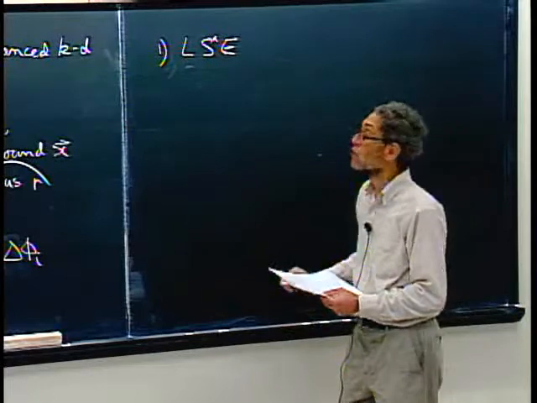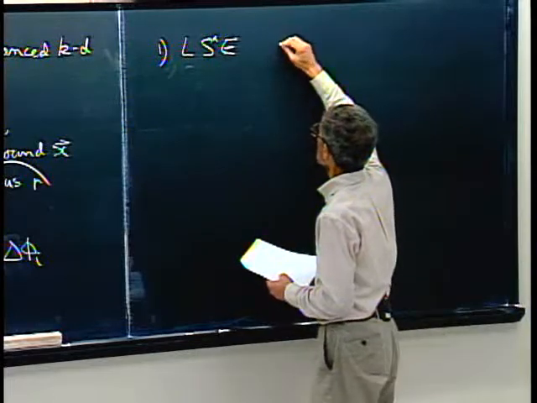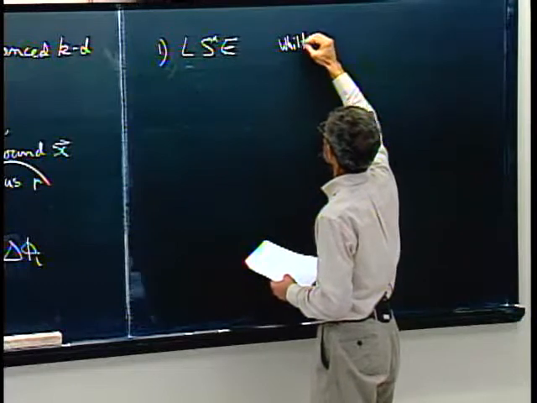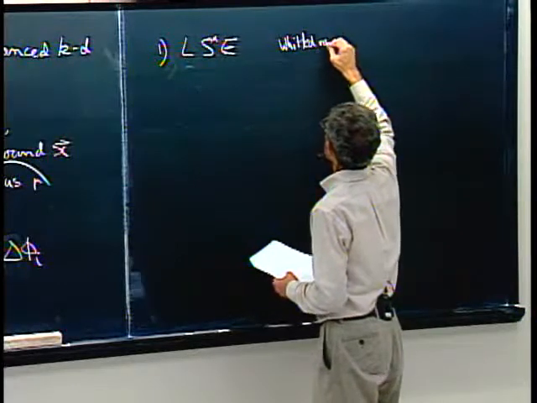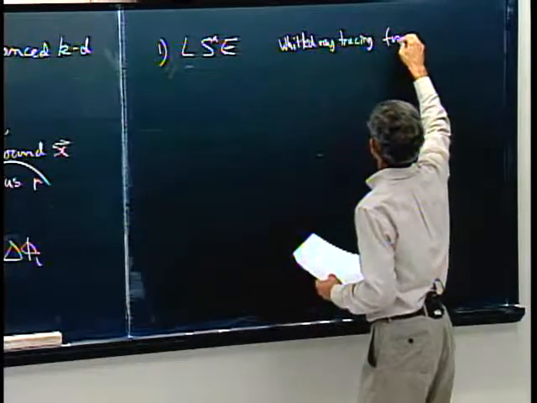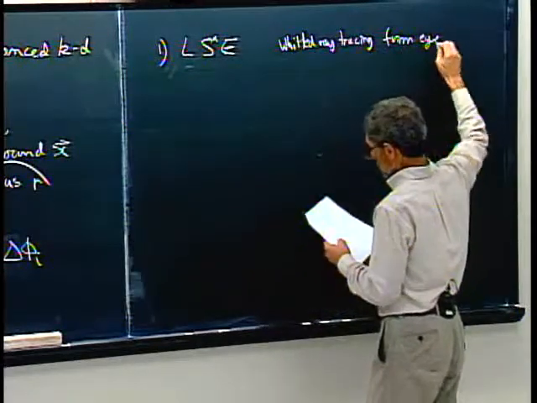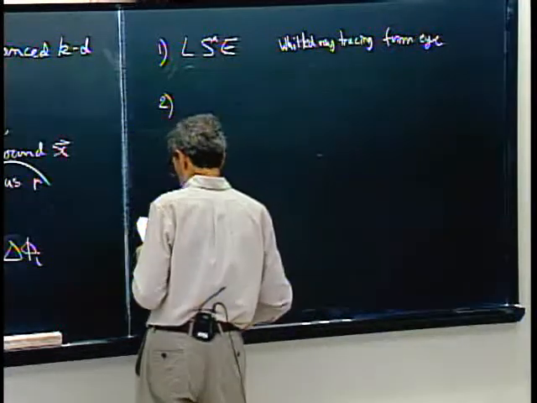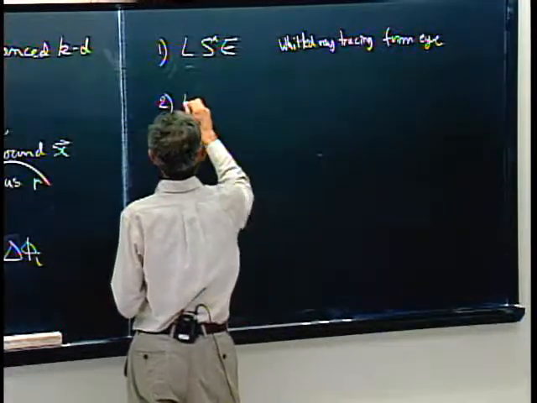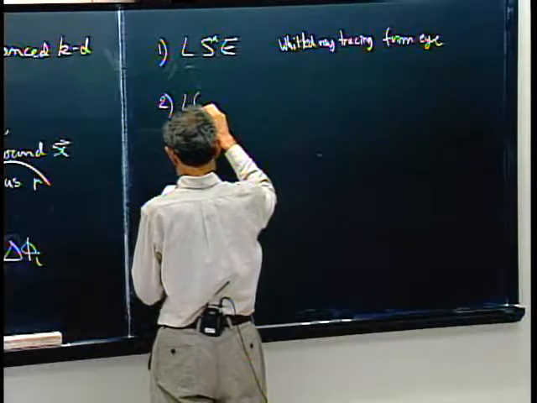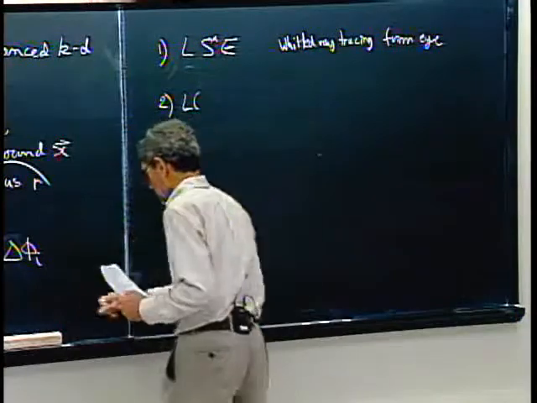And so you're going to do that with, say, weighted, I should use probably capital, ray tracing from the eye. Okay, and then let me just put DE.